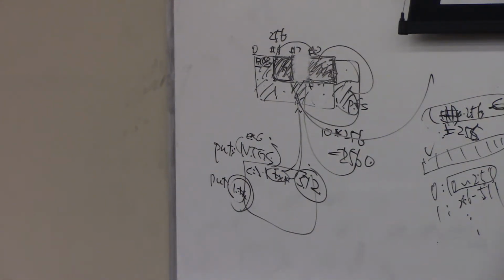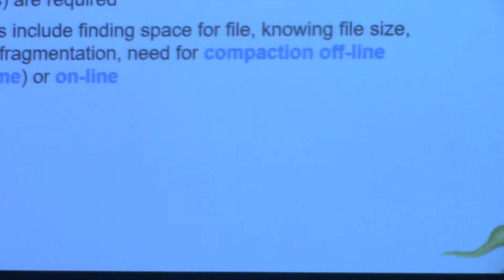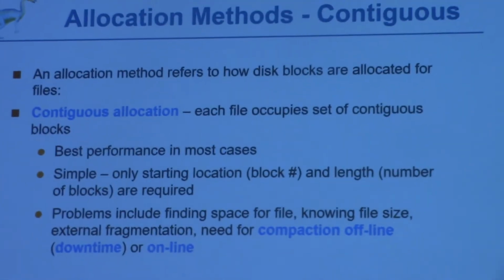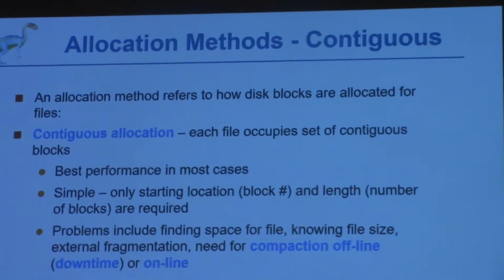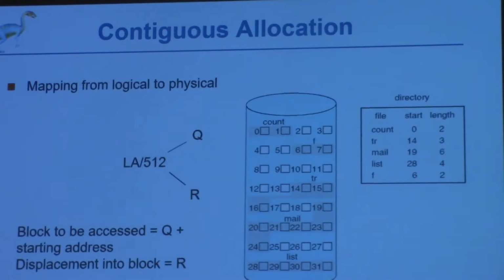So contiguous allocation has a problem of defragmentation because of the fragmentation issue. In the project, you are going to use the contiguous allocation. It's simple to implement. If you know the starting address, you can easily calculate.